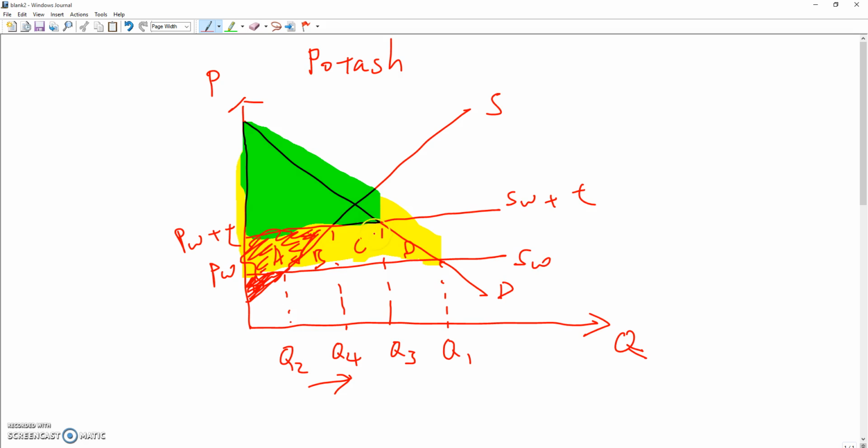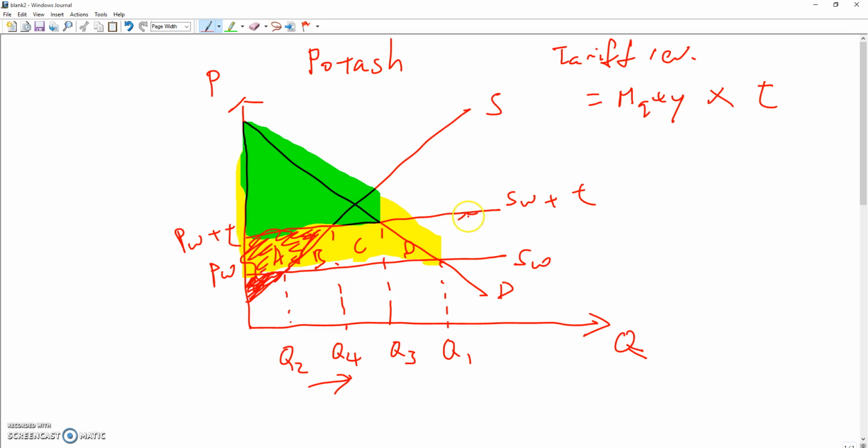Let's look at C. C is what we call government revenue. How do we know C is government revenue? Tariff revenue equals import quantity multiplied by the tariff. In a sense, it's P times Q when you think about it. So what is the tariff?